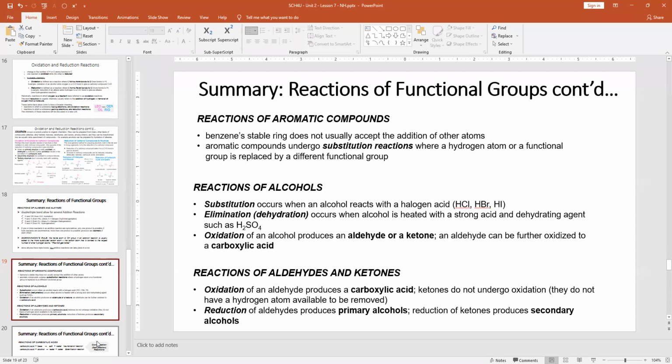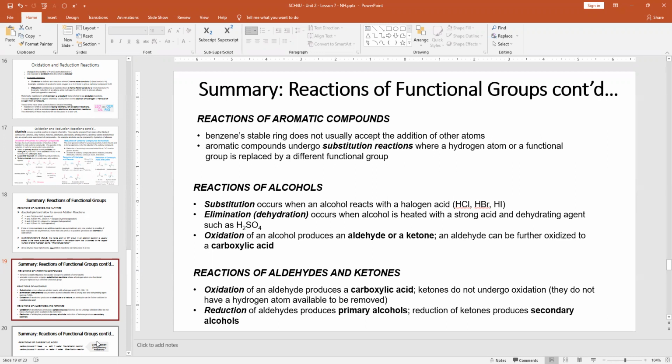So, the reactions of aromatic compounds. If you remember, benzene's stable ring usually does not accept the addition of other atoms, but aromatic compounds do undergo substitution reactions where a hydrogen atom or a functional group is replaced by a different functional group.